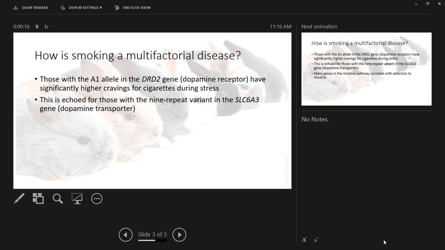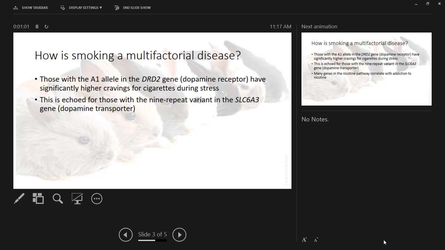Okay, so this same relationship, where individuals with a specific mutation or variant have a significantly higher craving for cigarettes, is seen in the 9 repeat variant in the SLC6A3 gene, which codes for the dopamine transporter. The dopamine transporter is necessary for dopamine to be released by one cell into the synapse, where another cell can bind it with the receptor.